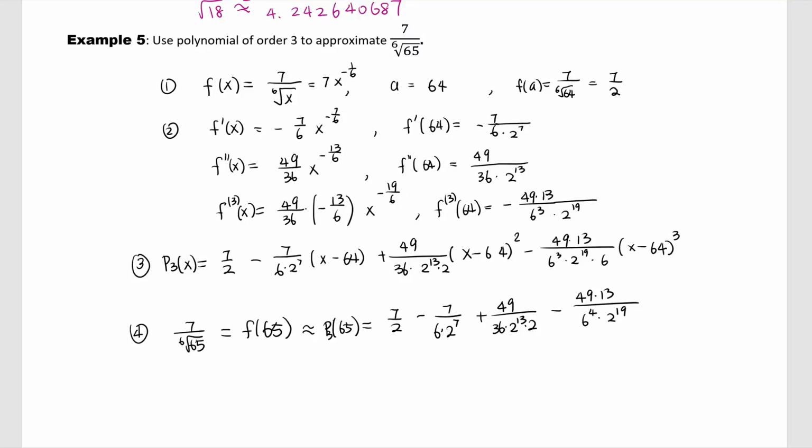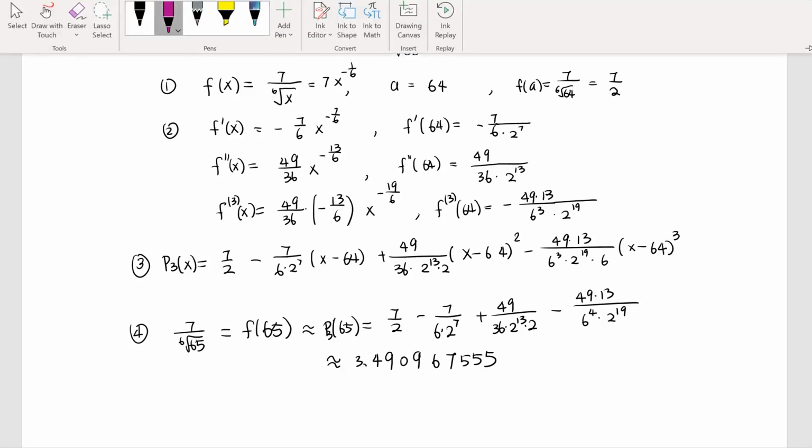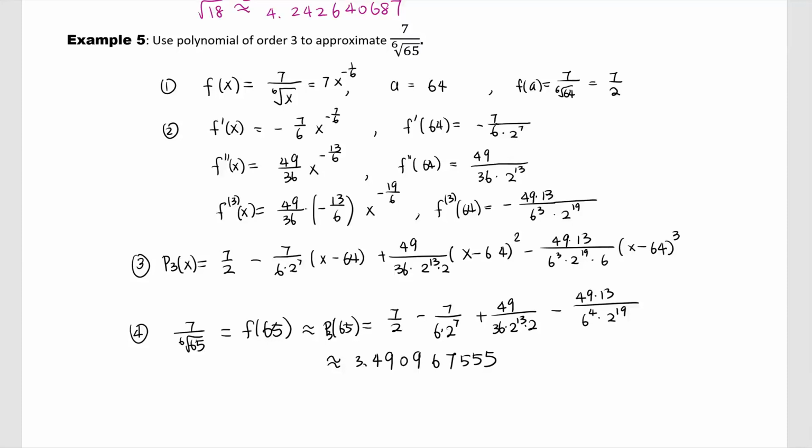Okay, let me see whether I can plug this into my calculator. Actually, yes, I can calculate it, and I got 3.4909675555. Yay! And let's check it. So 7 over the 6th root of 65, we plug it into our calculator.